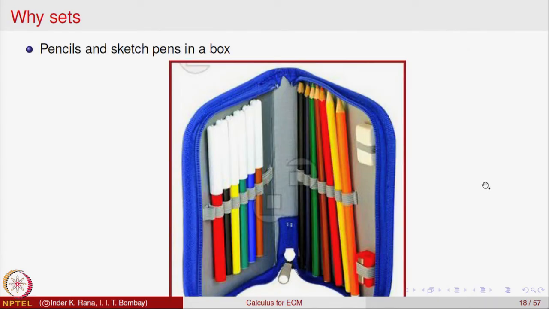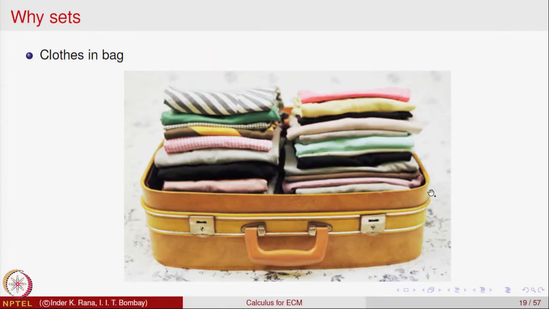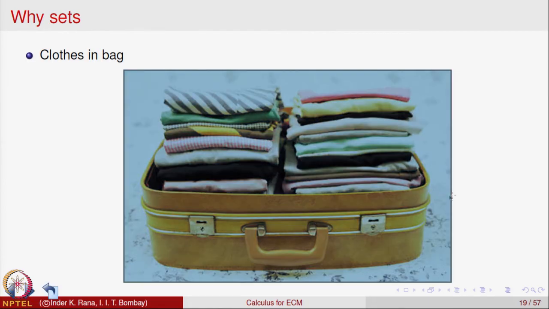Sketch pens and pencils, that is another collection. So, this is a box containing sketch pens and pencils. A box full of shirts of different cloths. So, there is a collection of objects put inside.